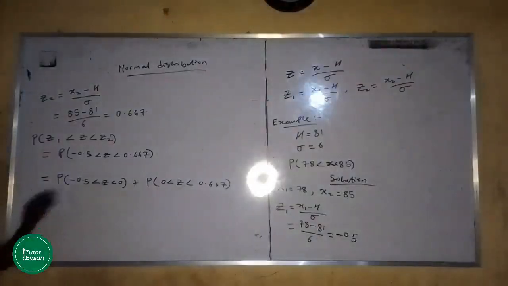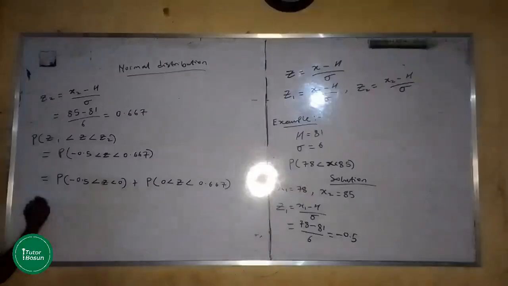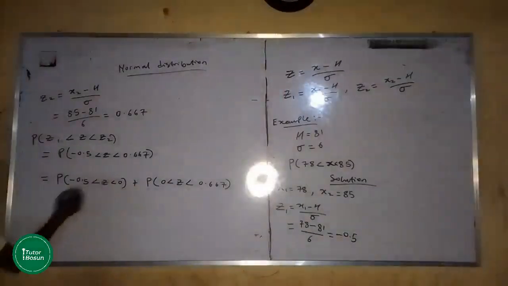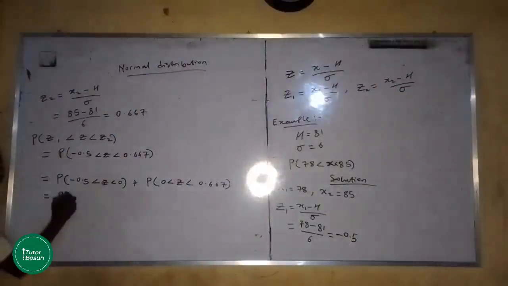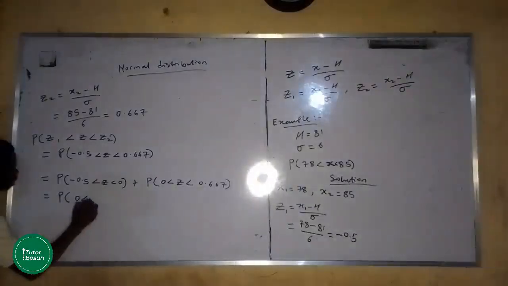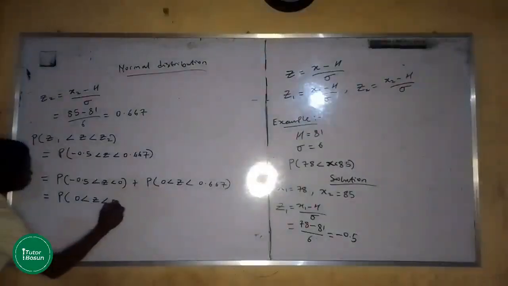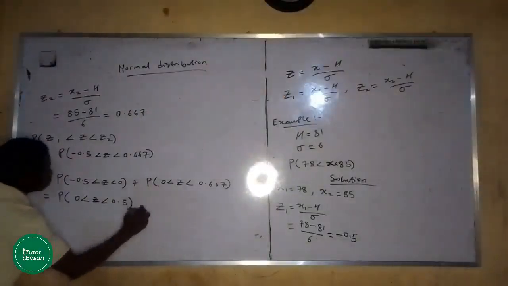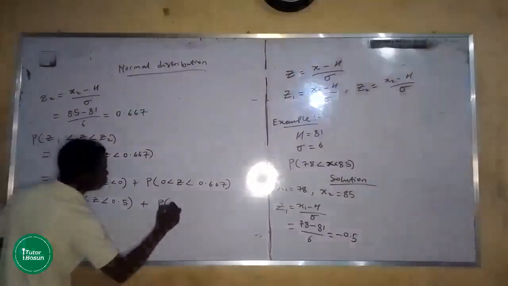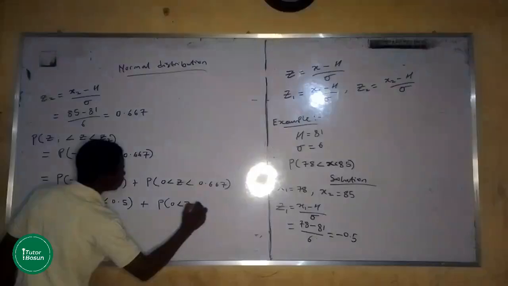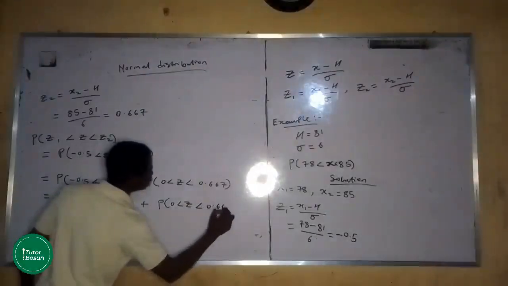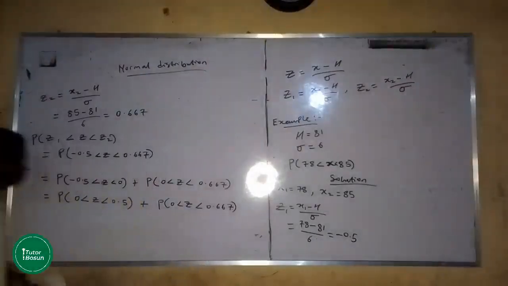So automatically you can say this can be transformed into the probability of 0 less than z less than 0.5 plus the probability of 0 less than z less than 0.667.